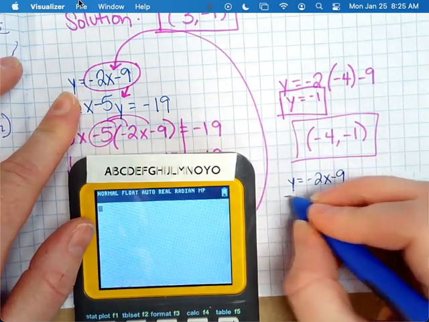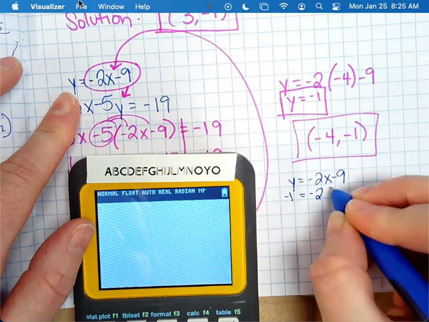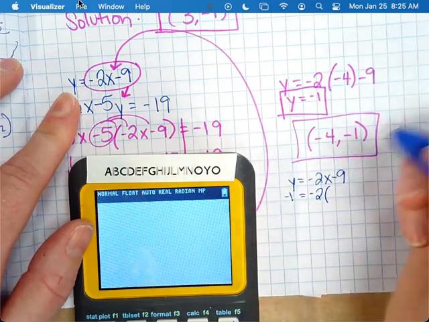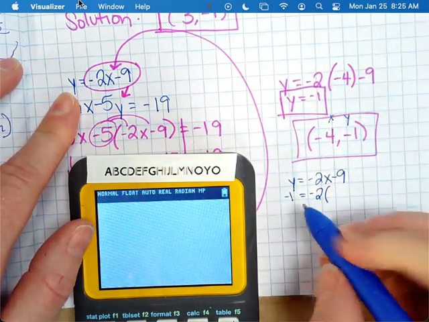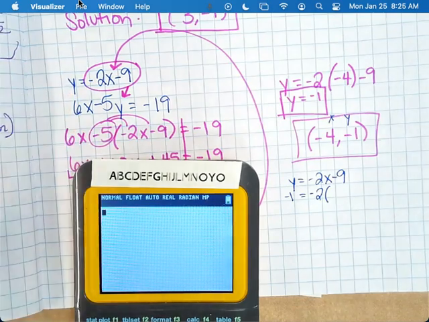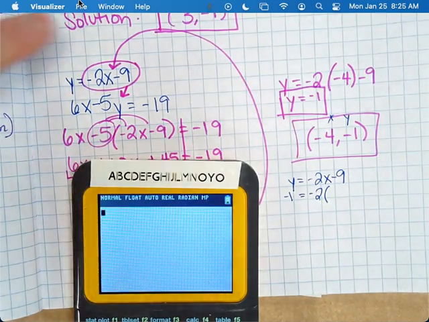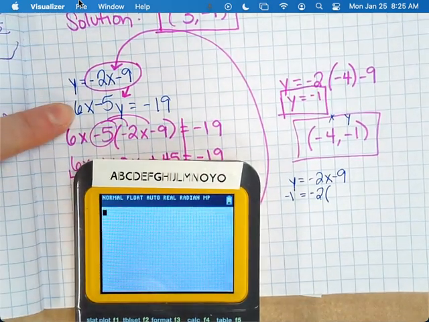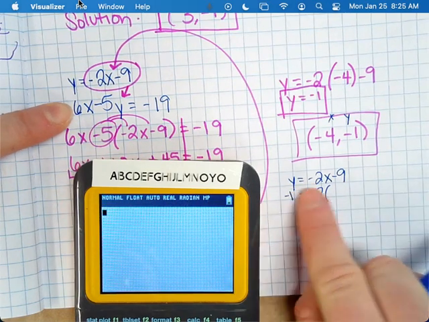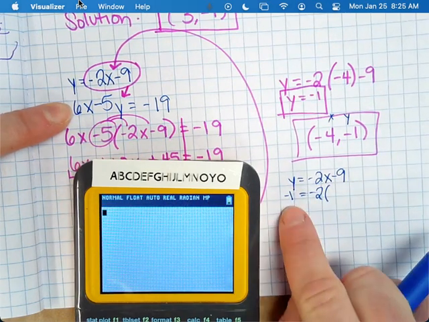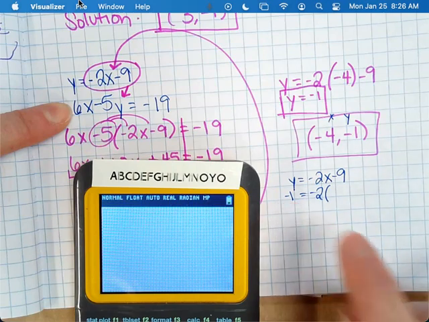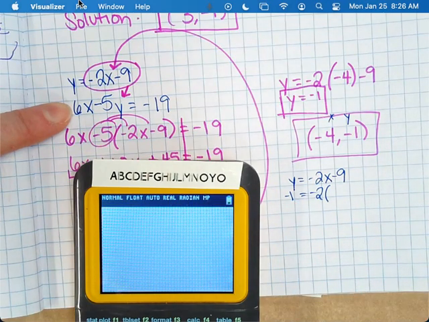It'd be -1 equals -2 times, because remember this is the x, this is the y. We're plugging in the x and the y into each equation. So the first one is this equation, -4 for x, -1 for y.